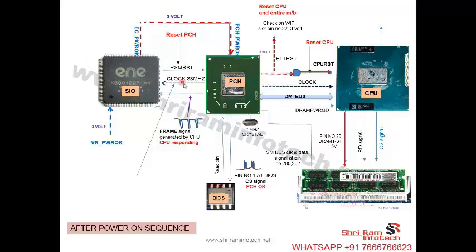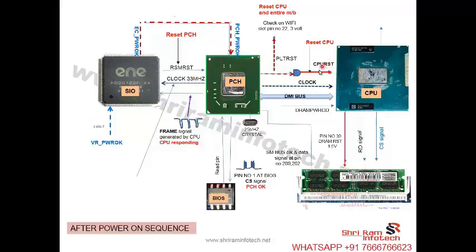We are showing only two, one here and one here, but there are so many frequencies that come out from the PCH. This clock you can check on SIO, that is called LPC clock, that is 33 megahertz. With the help of an oscilloscope you can check this clock here, LPC clock, 33 megahertz. And if this clock is coming, that means PCH has started generating the clock frequency.